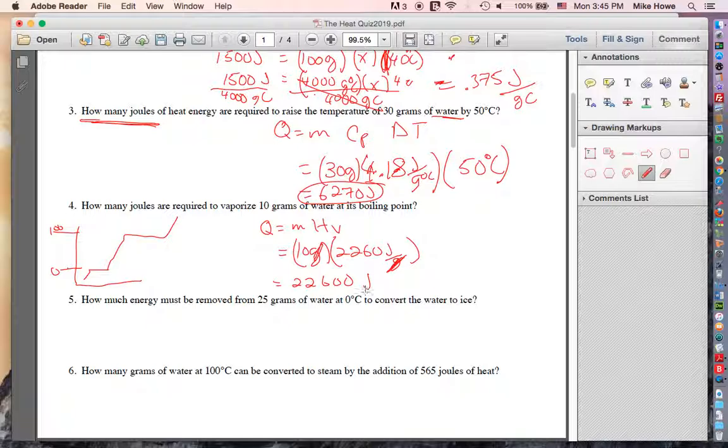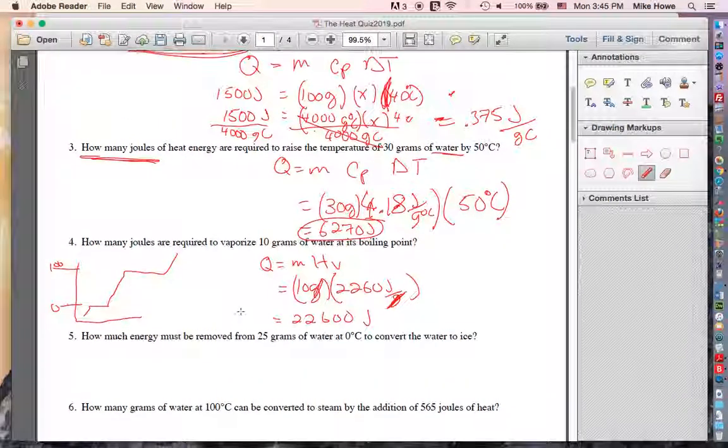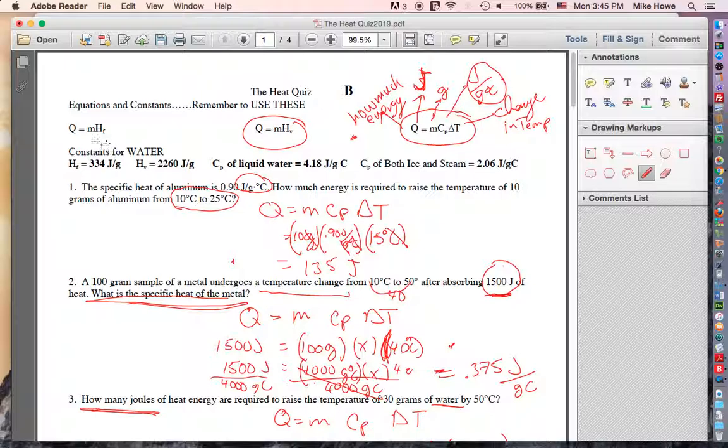Okay. And number 5 and 6 are similar. 5 is at 0 degrees, so that's down here. So the formula that you're going to use would be the formula that applies for freezing. Remember this one was for melting or freezing, and this one was for boiling or condensing.